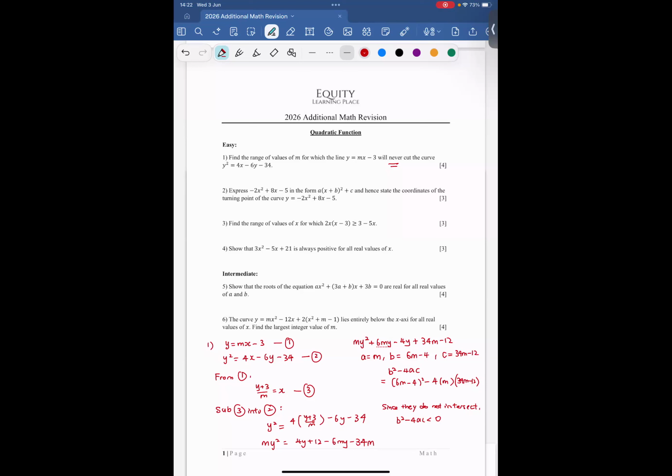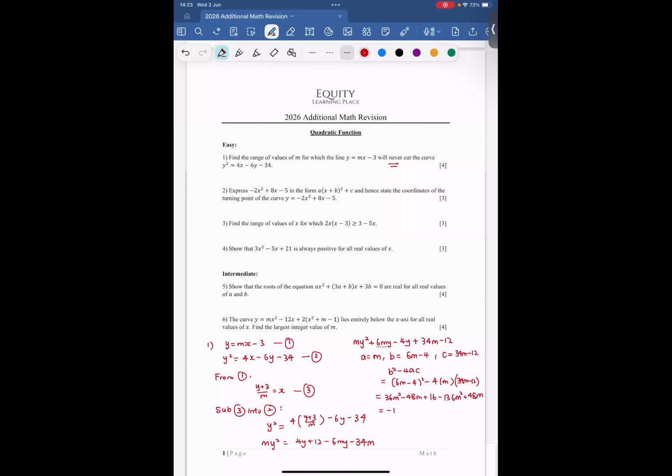Anyone got any question? Okay, so let me continue. So expand this: 36m square minus 48m plus 16 minus 136m square plus 48m.